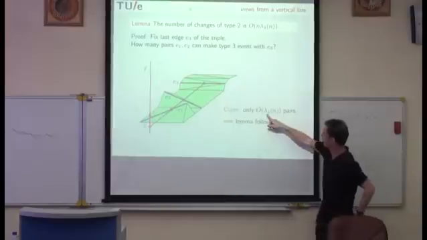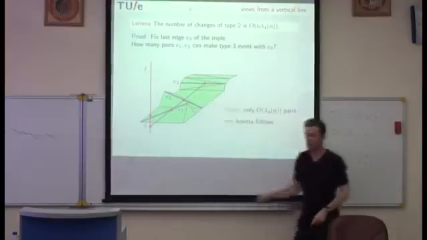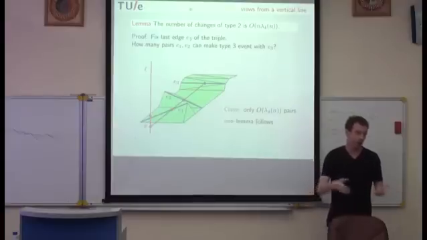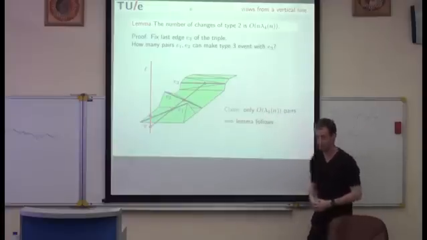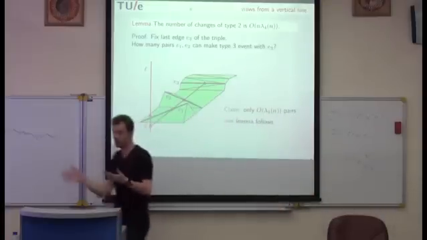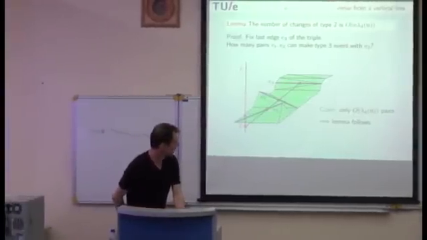Okay, and of course, if it's lambda 4 for a fixed edge E3, well, I can choose E3 in n different ways, so I get n times lambda 4. Okay, so n squared and not cubic.